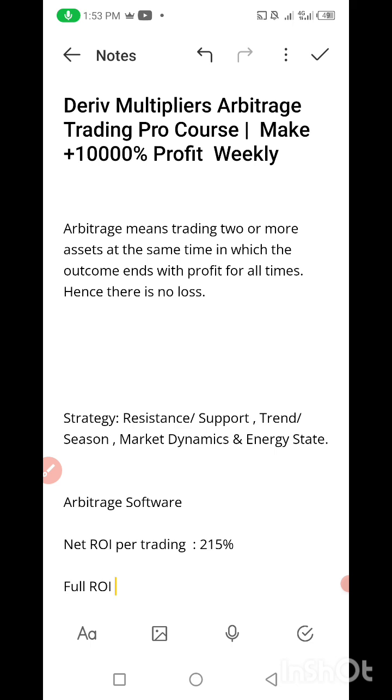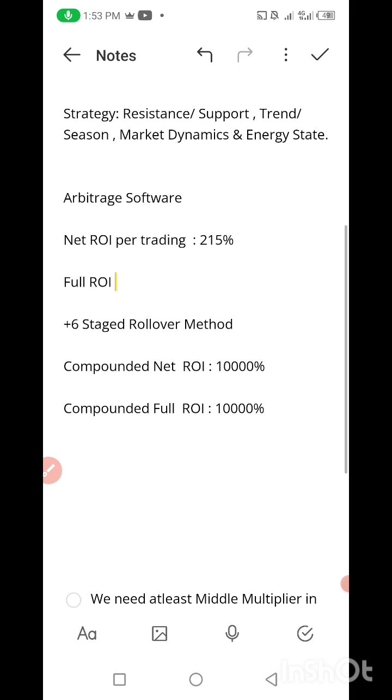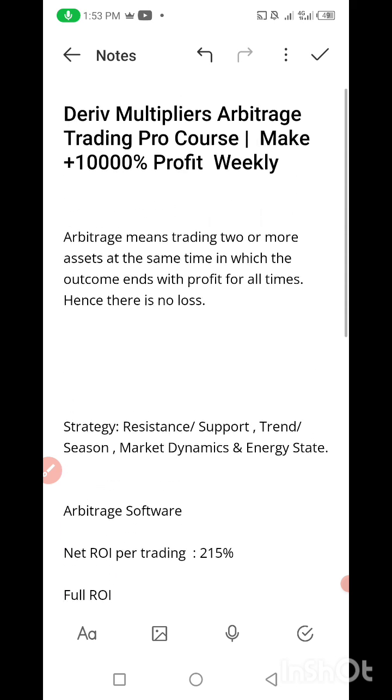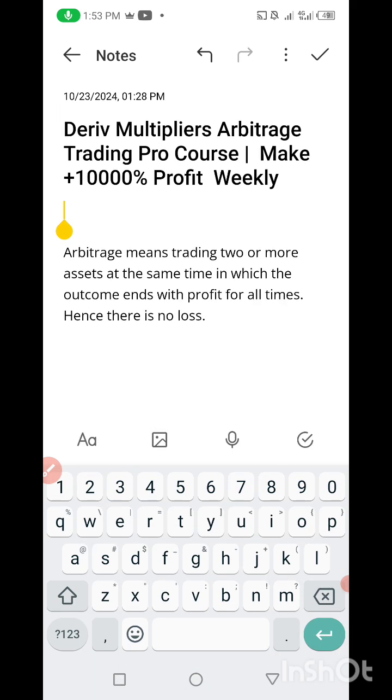So these are the things you are going to learn in the course. In the strategy, we deploy resistance, support, trend, season, market dynamics, and energy state to make this work. The arbitrage software is free, and we will be taught what net return on investment is, because it is this net return on investment that will generate you 10,000% per week.